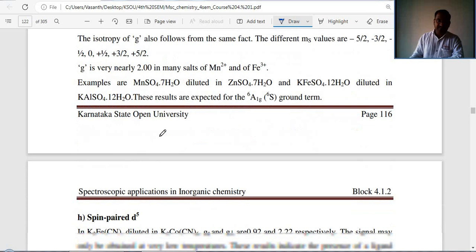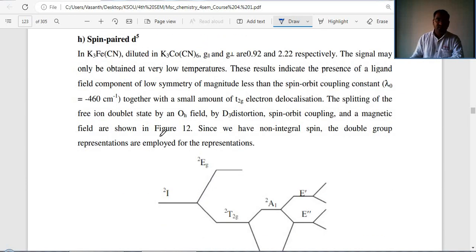This is the example for that. In spin paired d5, that is potassium hexacyanoferrate, diluted with potassium cobalt cyanide, g perpendicular and g parallel values are given. The signal may be obtained at very low temperature.